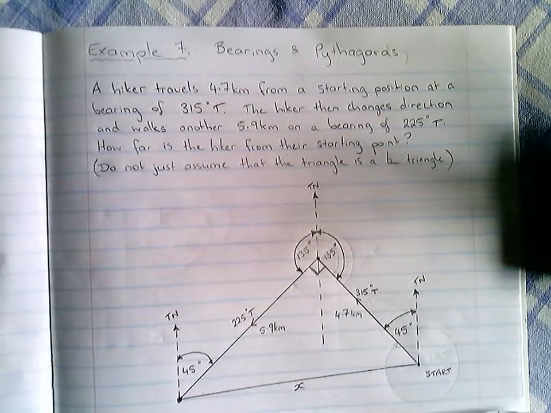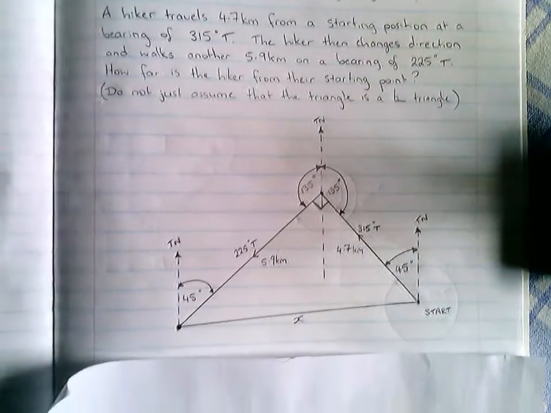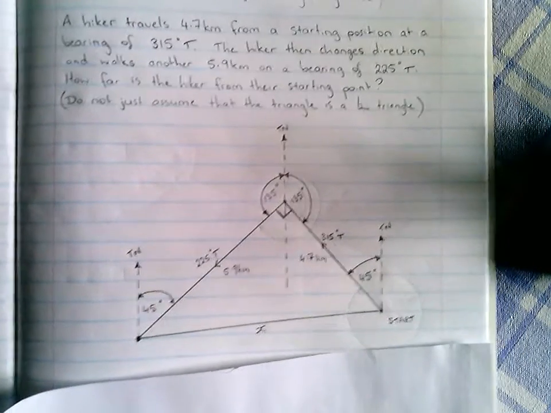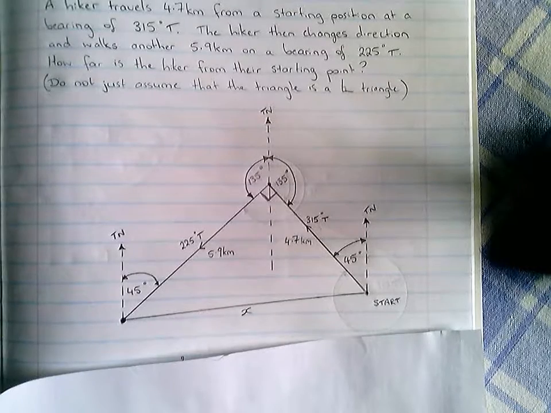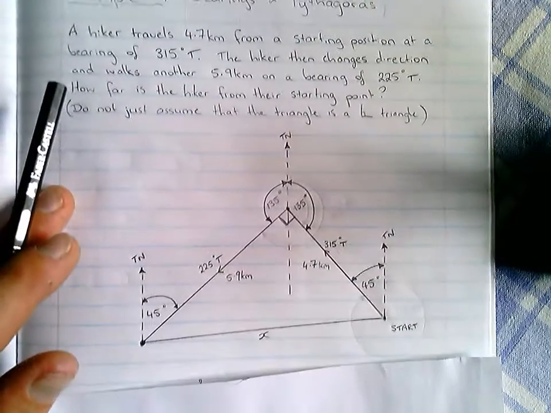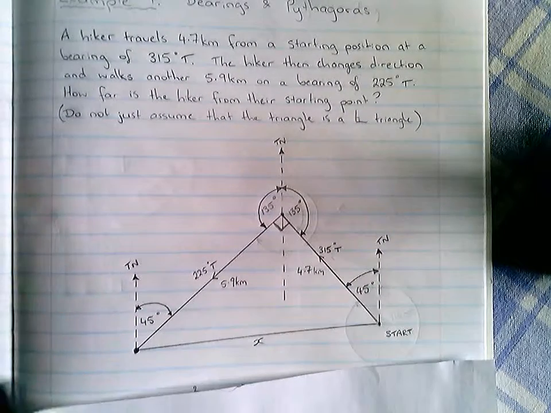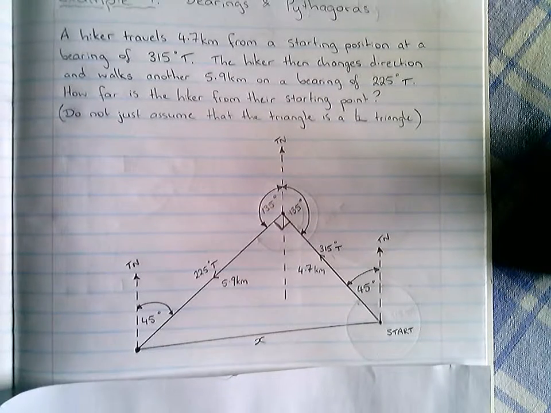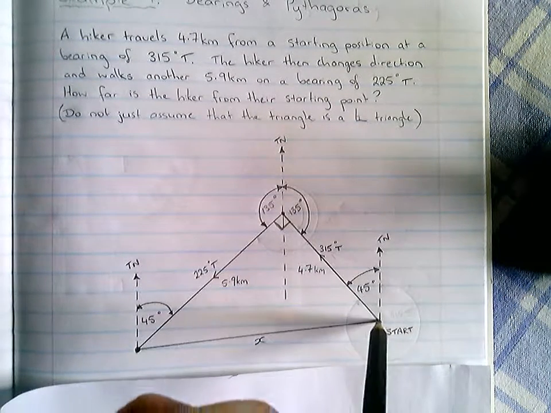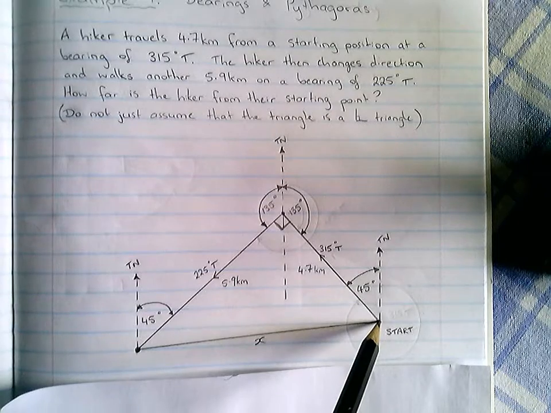Now the most important part of the problem regarding generally Pythagoras and trigonometry, and bearings for that matter, is creating an illustration which best represents the information in the question. Now I've started at some point which I've labelled as the start.